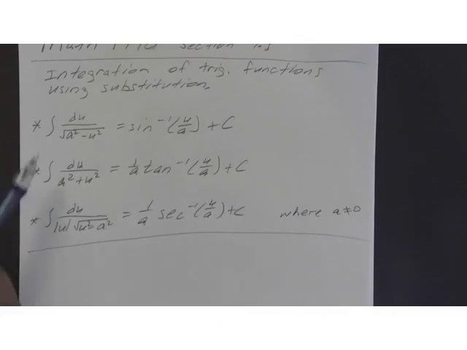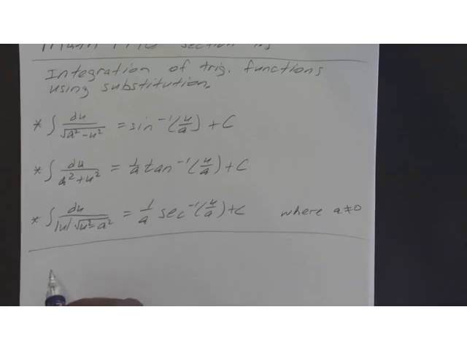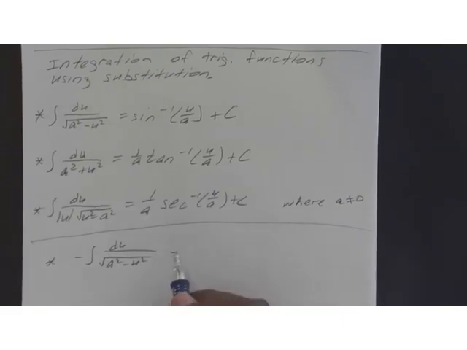Okay. So if you take the negative of the sine inverse integral, so if you say the negative integral of du divided by the square root of a squared minus u squared, that's equal to your cosine inverse of u over a plus c.